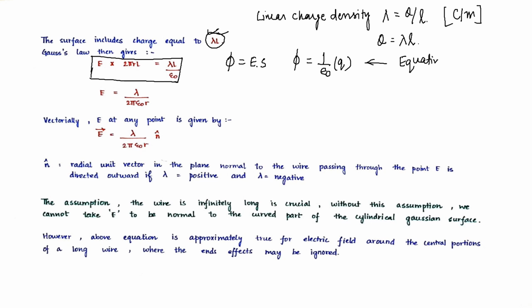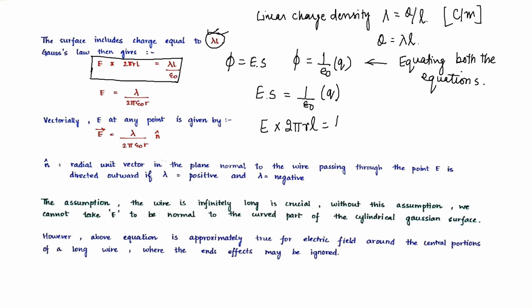And what will we get? We will get E S equals 1 upon epsilon naught into Q, where E will remain E, surface area will be 2 pi R L, epsilon naught will be epsilon naught and Q will be lambda L from this equation.